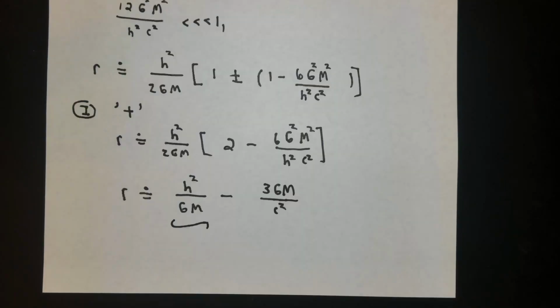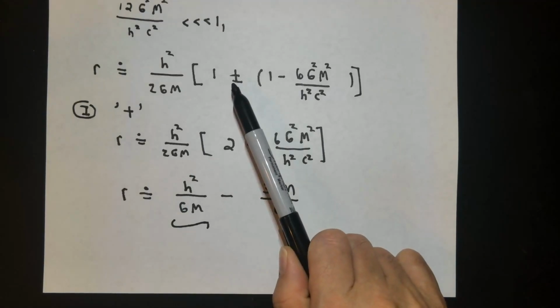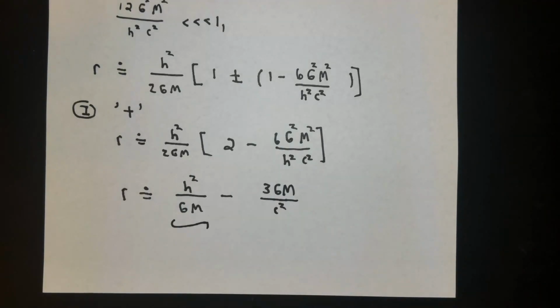In the case where we have the addition here, if I use the binomial theorem to expand the square root, the plus corresponds to r is approximately h squared over GM, which was the Newtonian result, minus 3GM over c squared, which under these circumstances will be small compared to the first term.